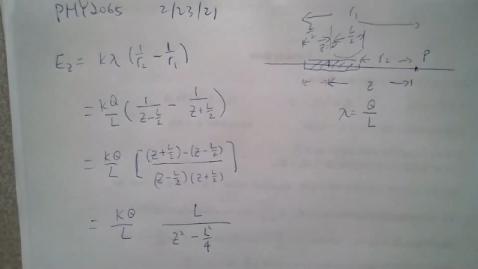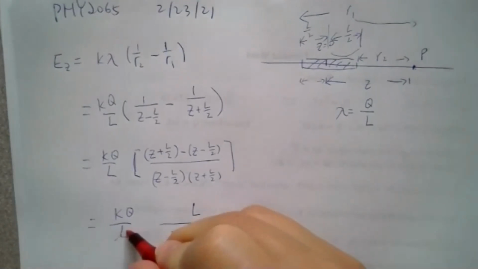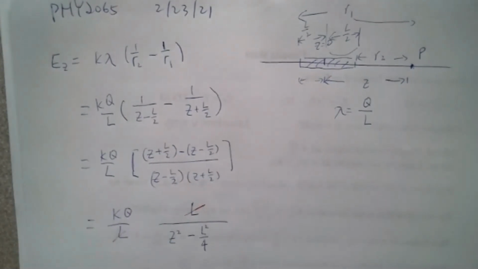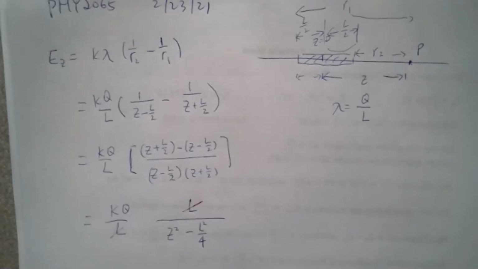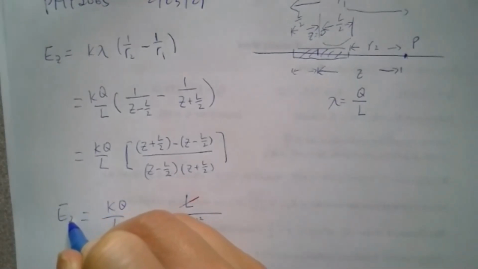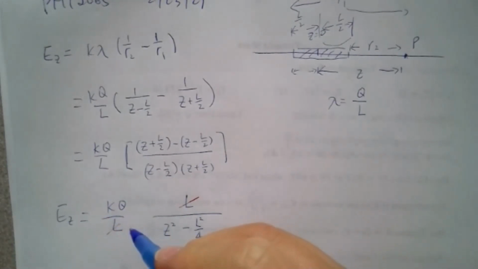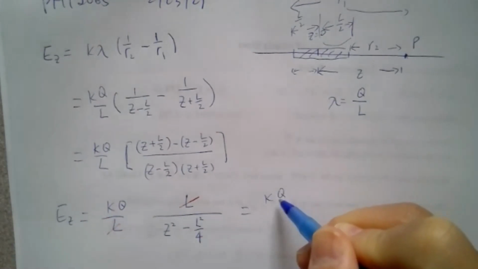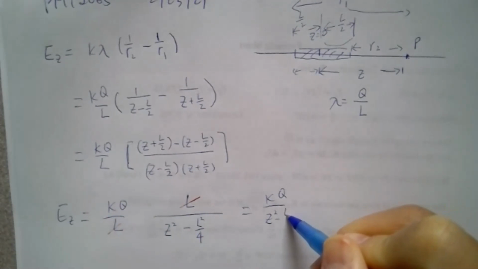So in this case, you'll see that L will cancel out. Then your E_z, the electric field in the Z direction, will just become kQ over (Z squared minus L squared over 4).